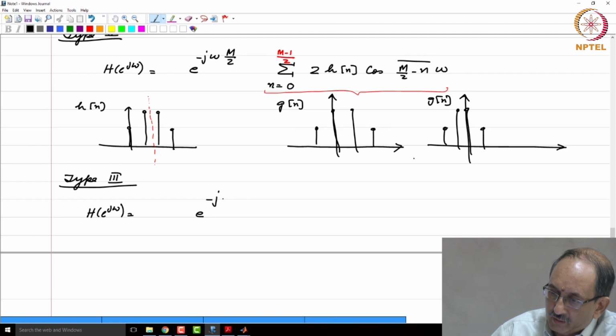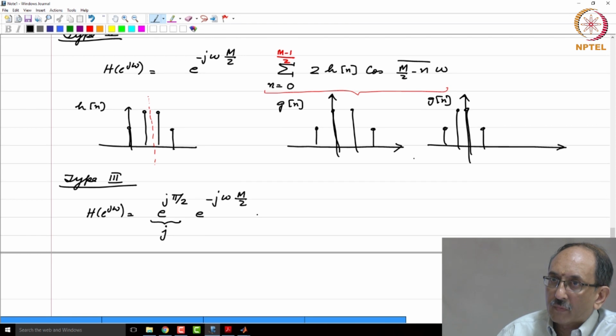Therefore, you have e to the minus j omega m by 2. You also have e to the j pi by 2. This of course is j times, this is type 3. So, the symmetry is odd and the length also is odd, and the center sample h of m by 2 is always 0 because of odd symmetry.